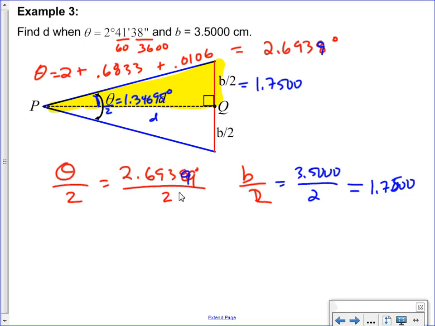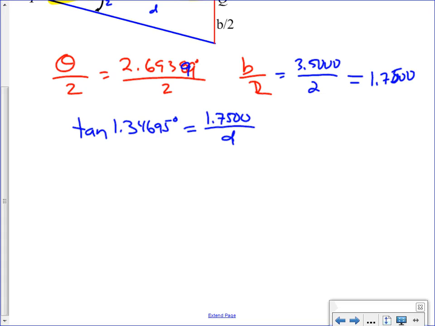And now we just solve for D: sine, cosine, or tangent. Tan. Set it up for me, William. Tan of which angle? Tan of 1.34695 is equal to 1.7500 divided by D. Switch places.